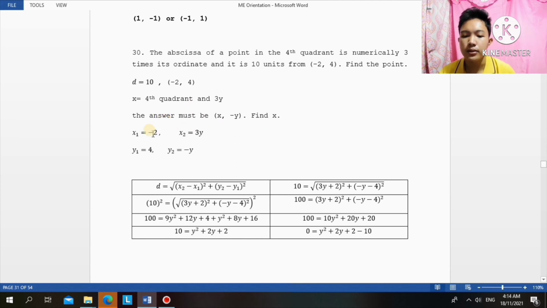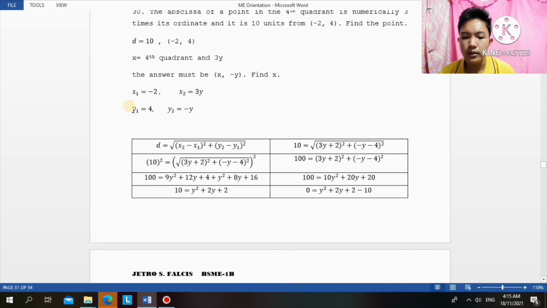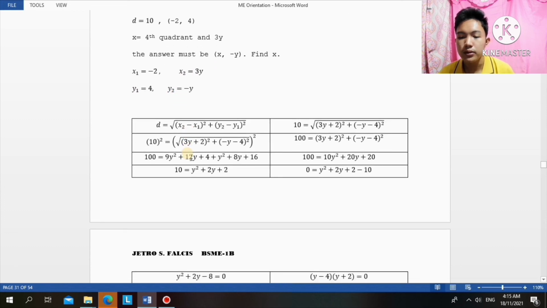So find x. Our x sub 1 is negative 2 and y sub 1 is equal to 4. Our x sub 2 is equal to 3y, and our y sub 2 is equal to negative y. Substitute the values into the distance formula. Our equation will be 10 is equal to the square root of (3y plus 2) squared plus (negative y minus 4) squared. Then square both sides.